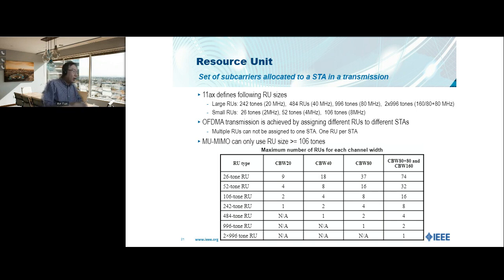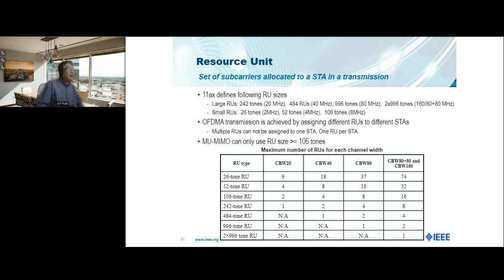We have 20, 40, 80, and 160 megahertz transmission. For each bandwidth, you can define different RU sizes, and each of these RUs is assigned to a different station. One RU is assigned to one station.